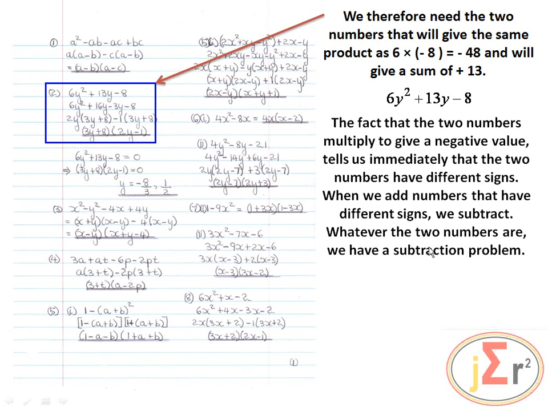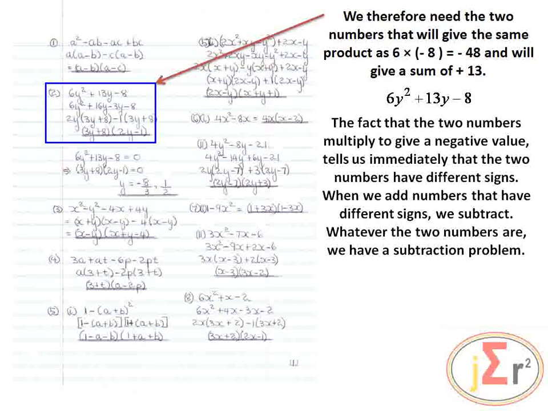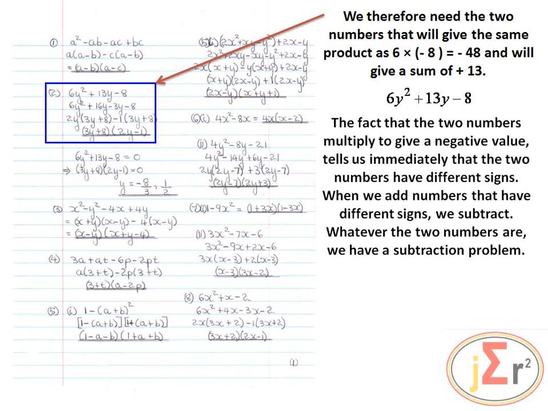So we know that if we are adding numbers with different signs, we subtract the smaller from the larger, and the answer will take the same sign as the larger. That tells us that of the 2 numbers that are different in sign, the larger one has to be positive, because when we add them, we get a positive result.